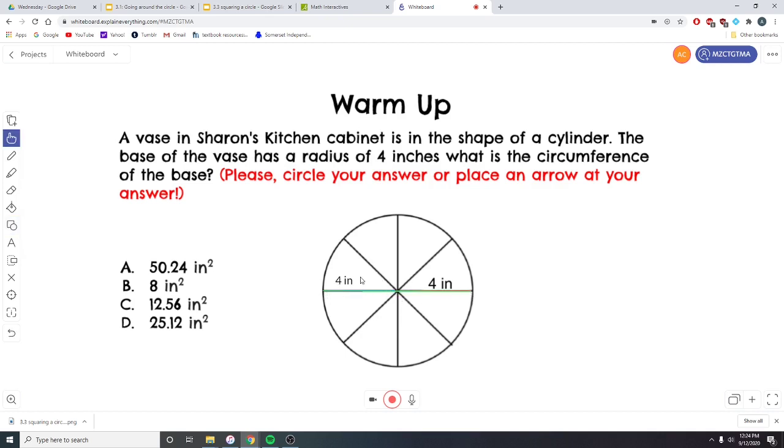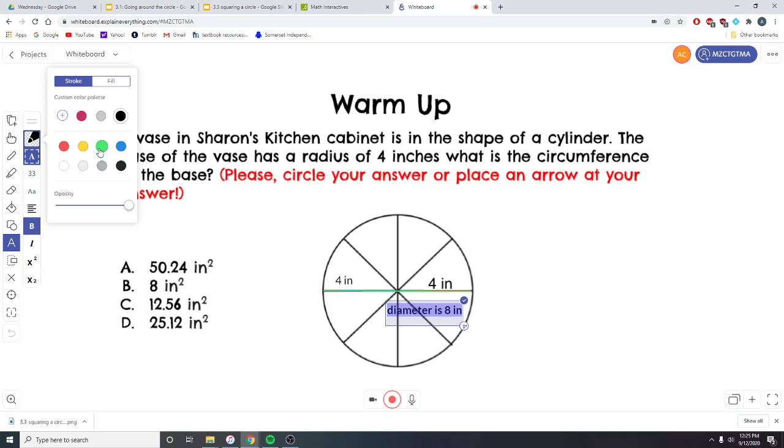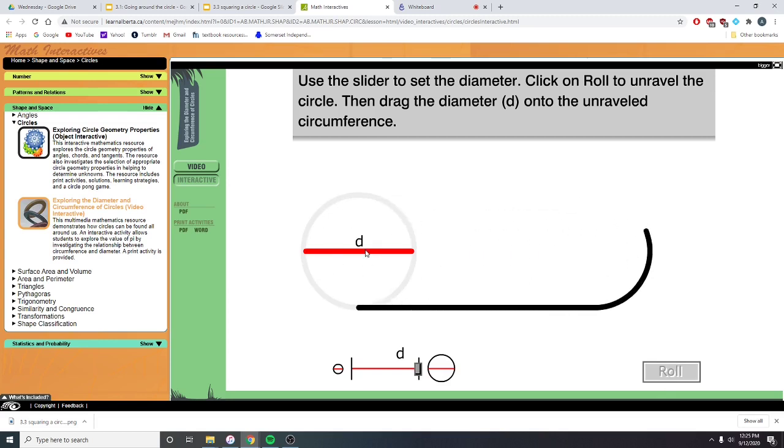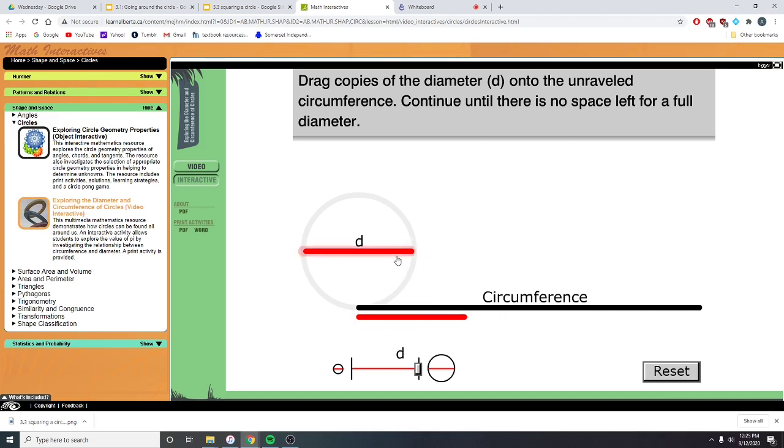So that's 4 inches from the blue, 4 inches from the red. 4 plus 4 is 8 inches all the way across, which means our diameter is 8 inches. Now remember, we can stack them, at least 3 of them, to get close to that circumference.